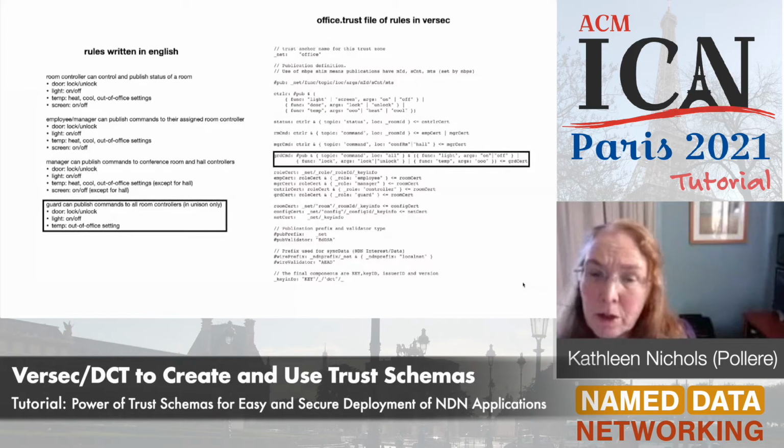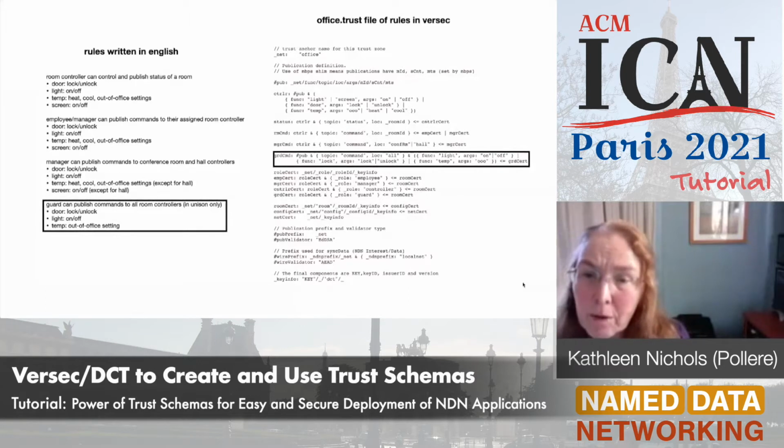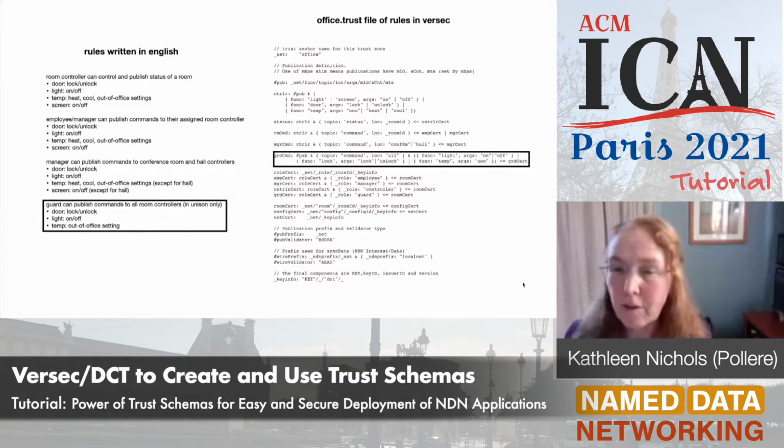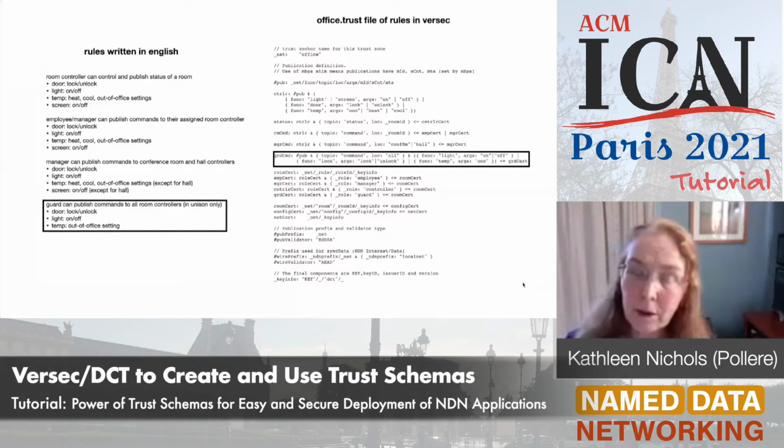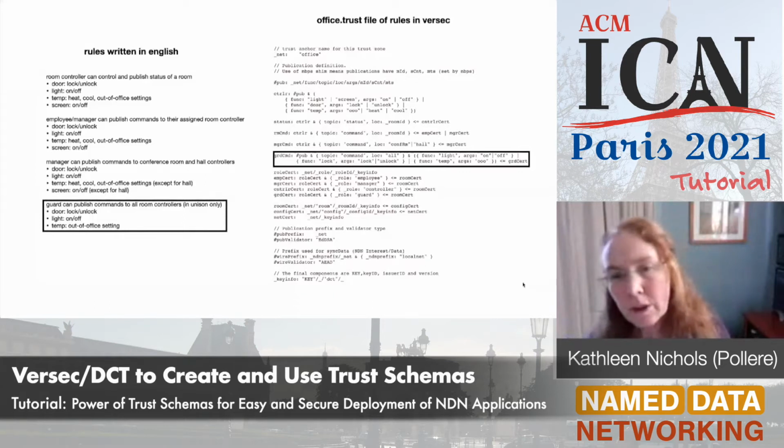When we use location all, and then another version is, along with that, we can say we're limiting function to light and the arguments you can give to the light, or we can do a lock with its arguments, or we can do temperature, and the only thing we can tell temperature is out of office, because the guard's just setting everything down in case somebody forgot to. So that's what's going on here. So are there any questions about that?